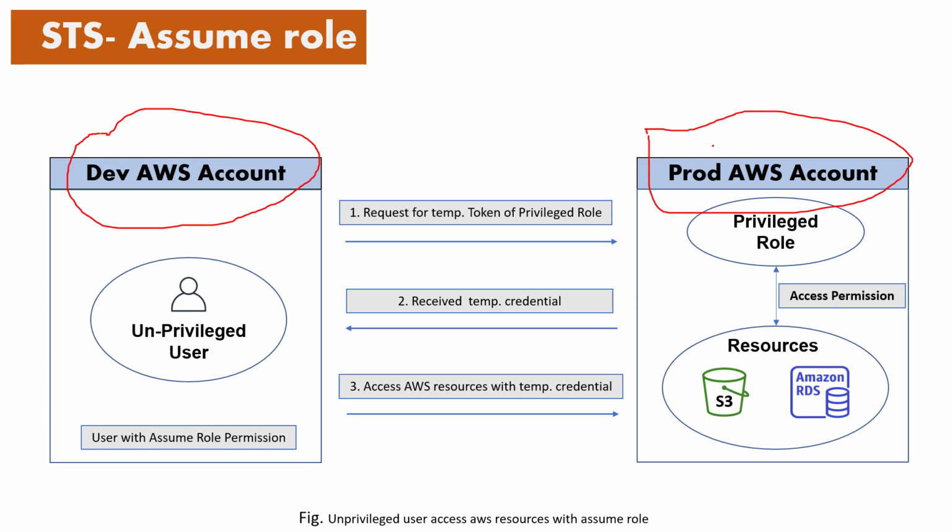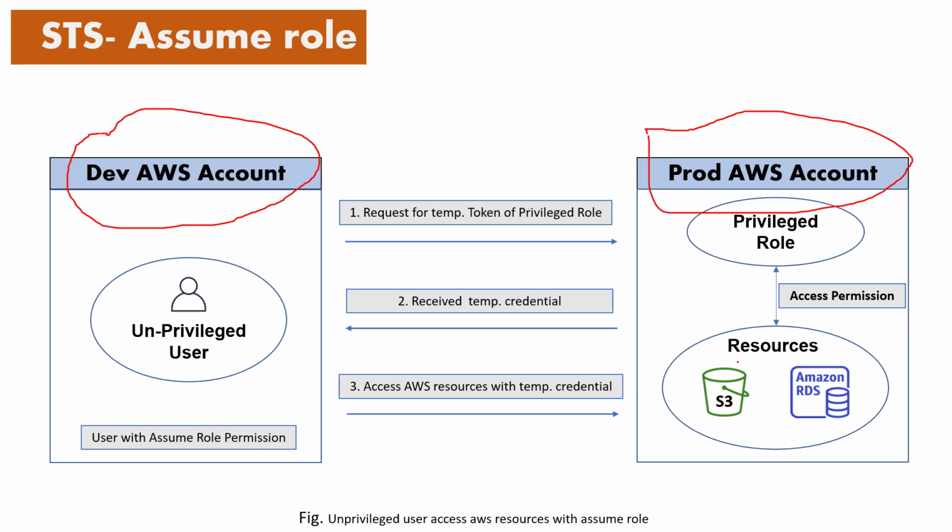The production AWS account is used for production purposes. Suppose there is a case where a user in the developer account, maybe a DevOps user, wants to change something in the production account. But this user doesn't have any rights on these resources in the production account. How can we assign the rights?